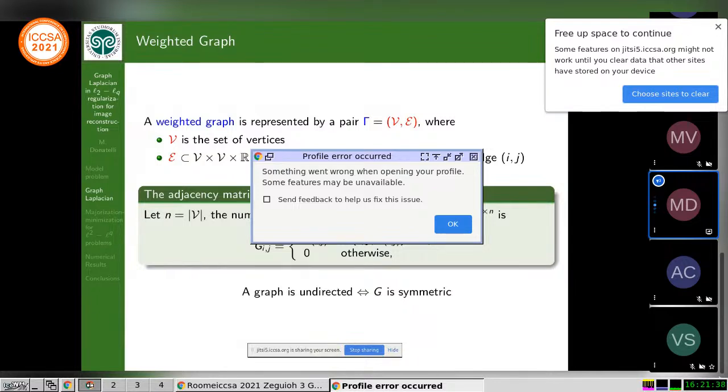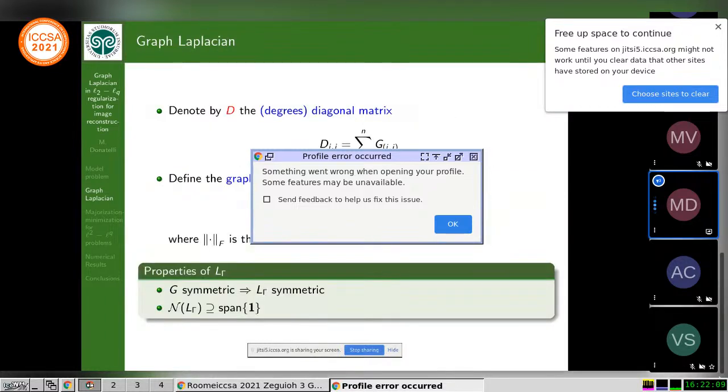We denote by G the adjacency matrix, and in the ij position we have the weight of the edge ij, otherwise we have 0 if there is no edge. Of course, if the graph is undirected, then the matrix G is symmetric, and vice versa.